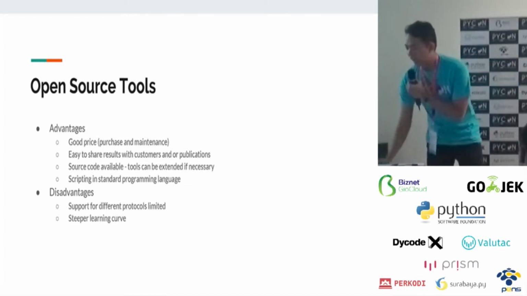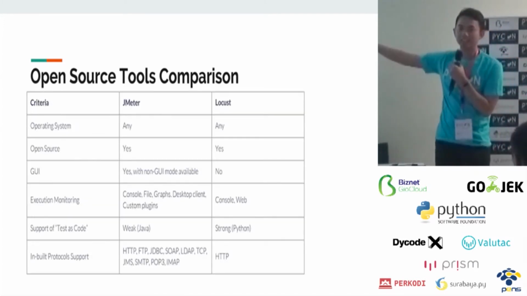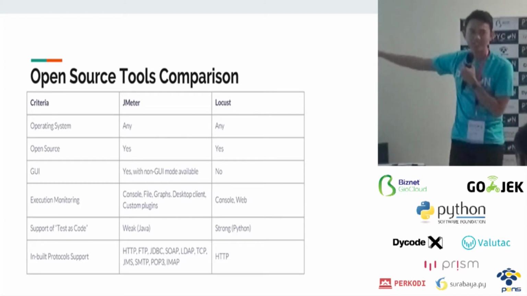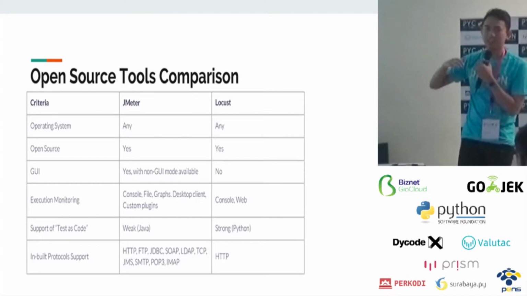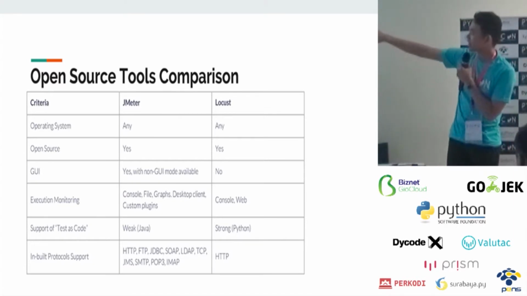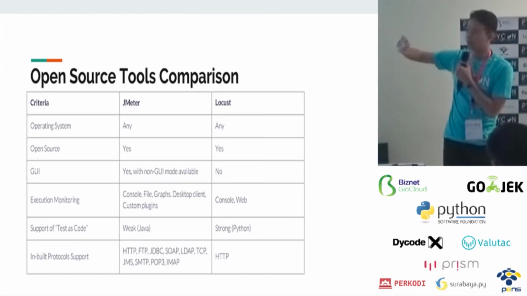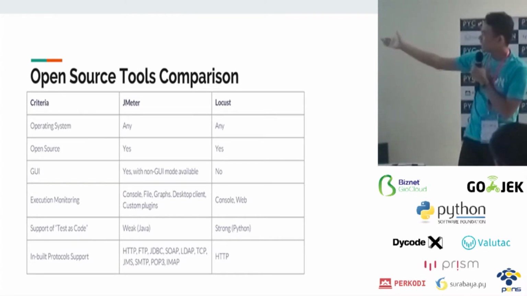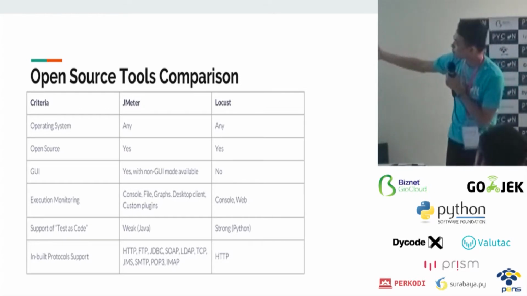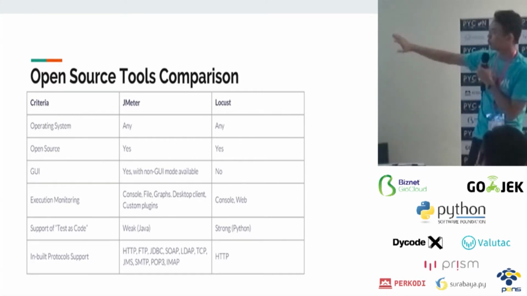Okay, and then I will compare some open source tools available, but I took the most popular, which is JMeter, and also Locust, which is the Python tool that has recently become popular. Both run on any operating system, and both are open source. JMeter has a GUI mode and also web, but Locust has no GUI.